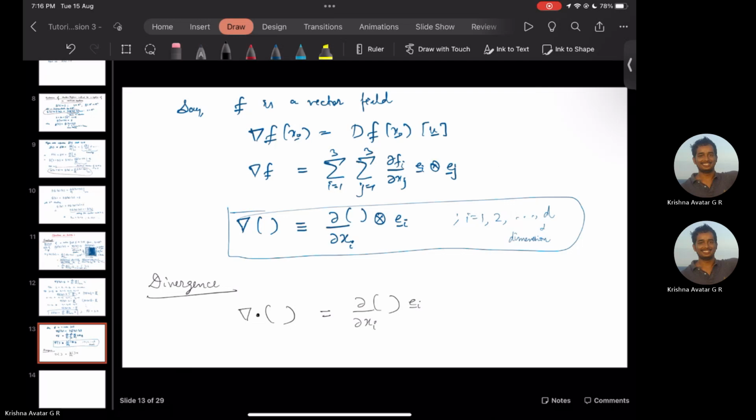Right? Now let me give you an example so that you are able to understand it clearly. This is the operational form, that is how you actually compute it.